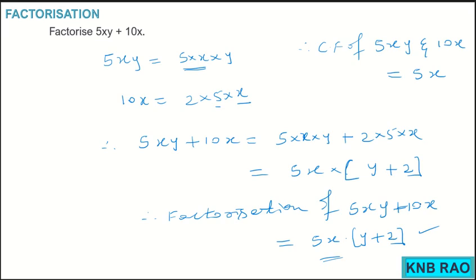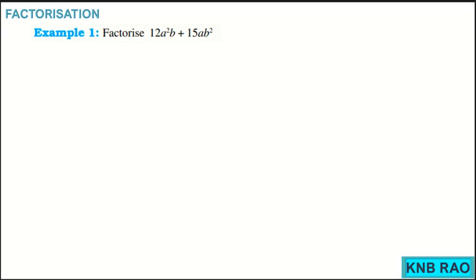I'll take one more example for factorization using method 1. Factorize 12a square b plus 15ab square. Children, I will not write it separately; here itself I will write.